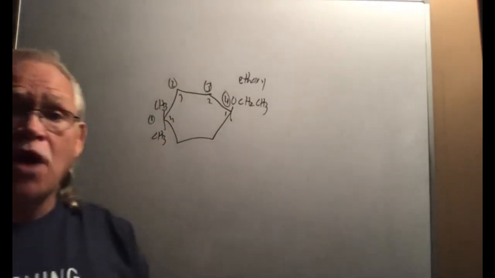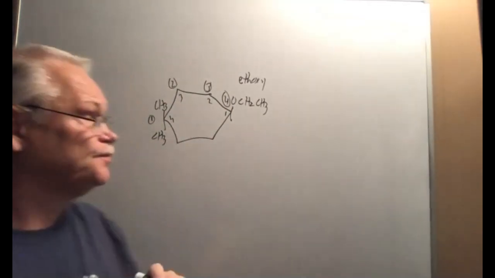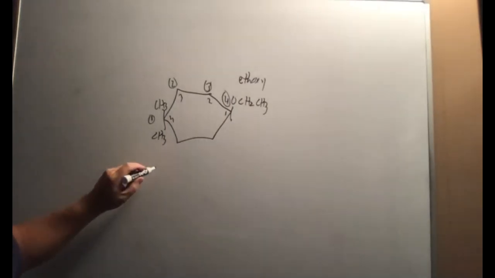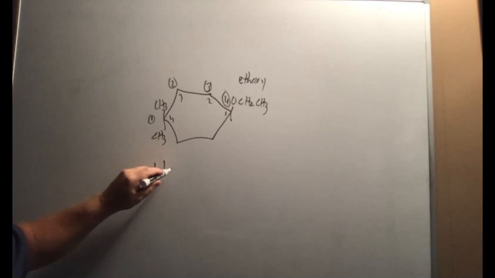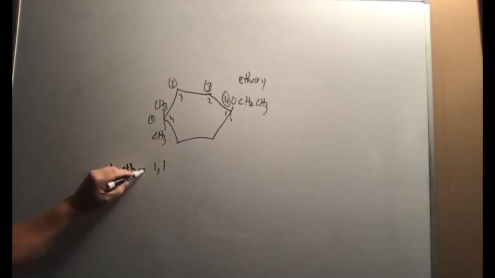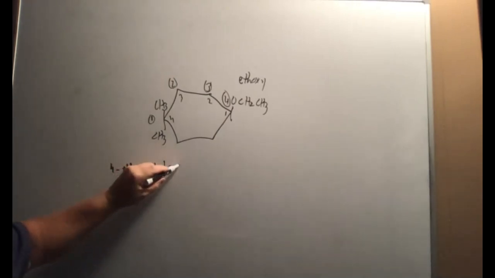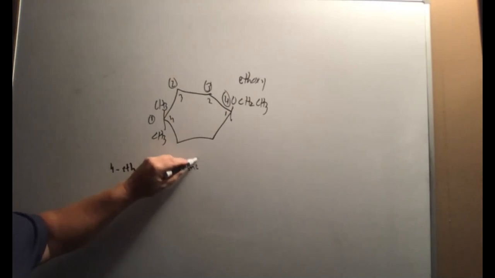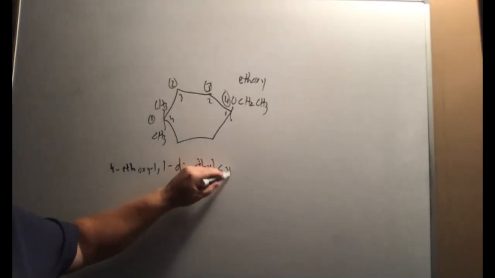So the numbers are not the same in this case. Okay, so this would be 1,1. It would be 4-ethoxy because we still put them in alphabetical order. 1,1-dimethyl. Remember, we use prefixes when we have more than one. Cyclohexane.